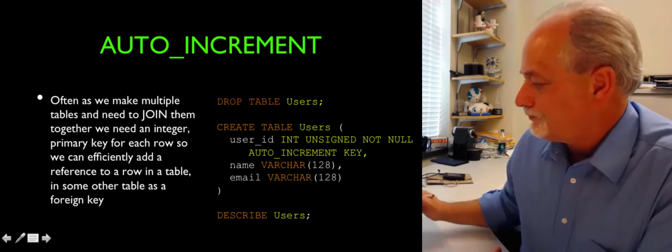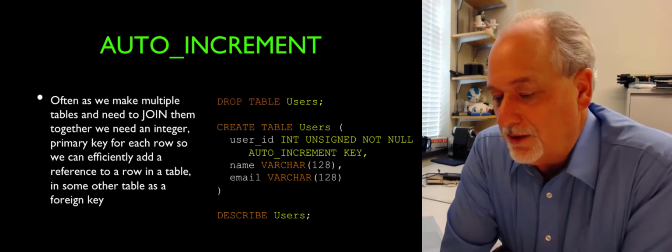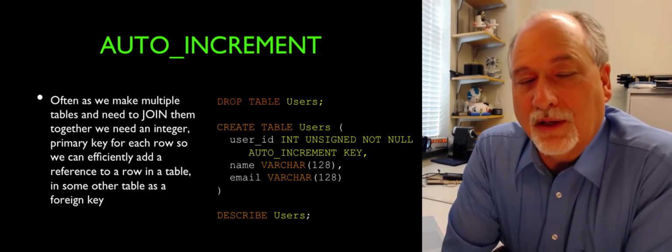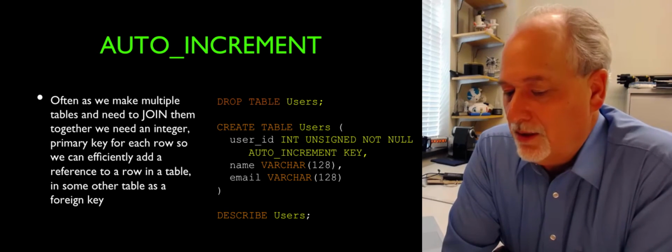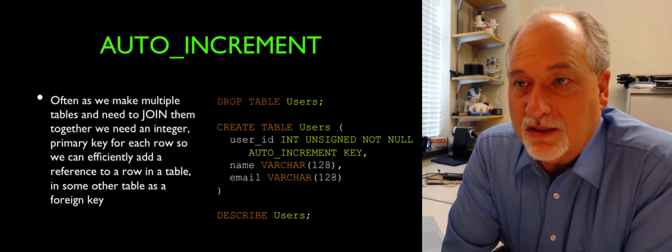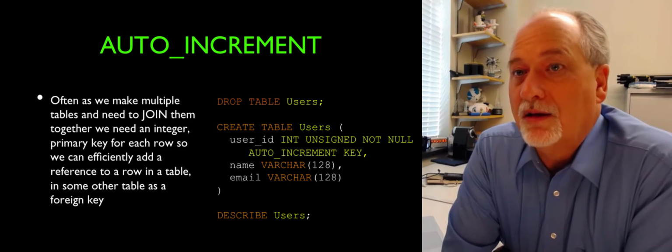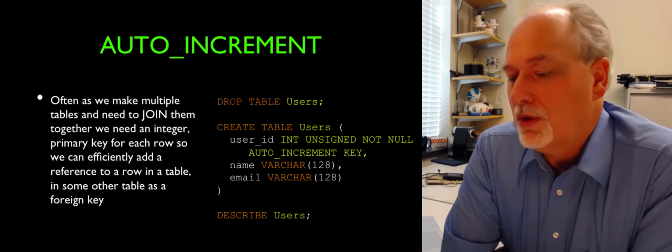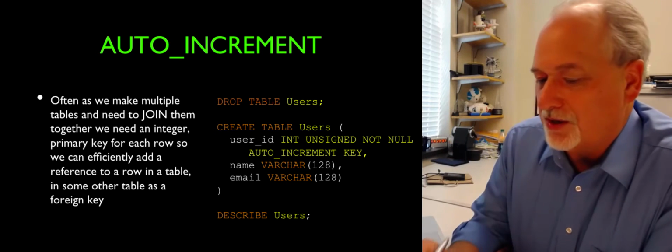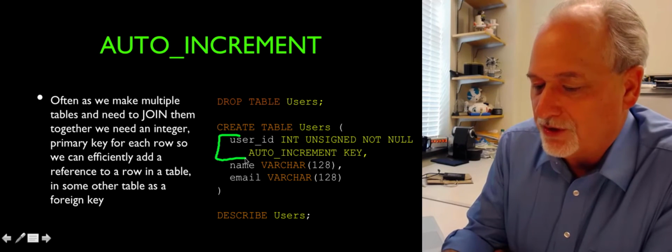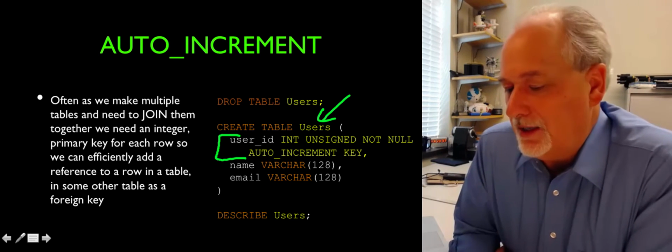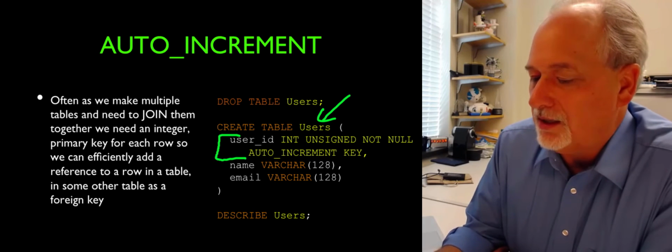Auto increment is a very important feature. When we get to the later lecture on database design, we will need these primary keys, which are the way we can most rapidly look up a particular row. So we'll tend to add a special key field, like for this users table, we will have a user_id, and it's going to be an unsigned integer.